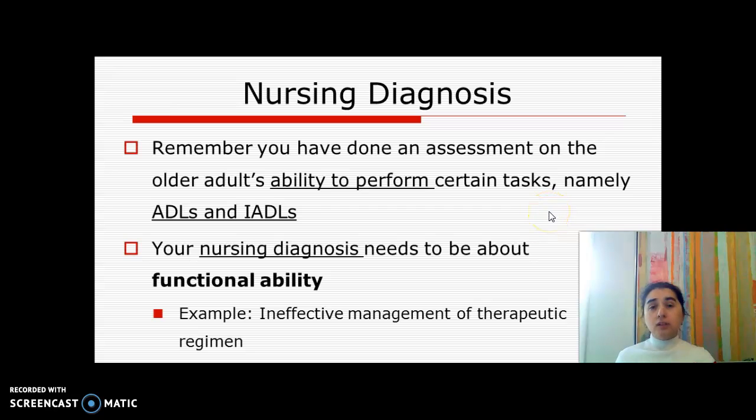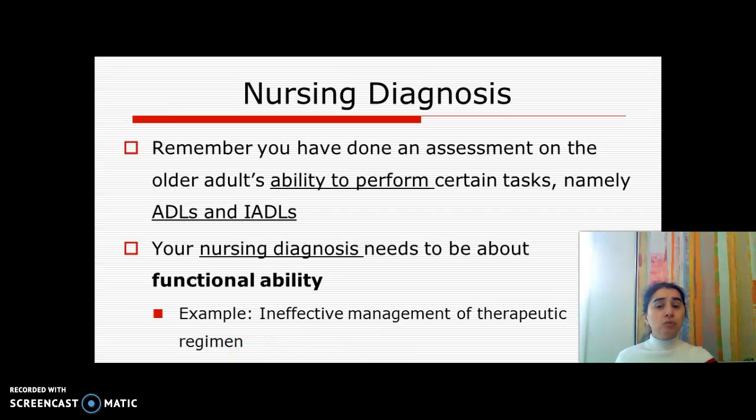Nursing diagnosis. For this class, your nursing diagnosis will be based on ADLs and IADLs. You will evaluate functional abilities, and an example is ineffective management of therapeutic regime.